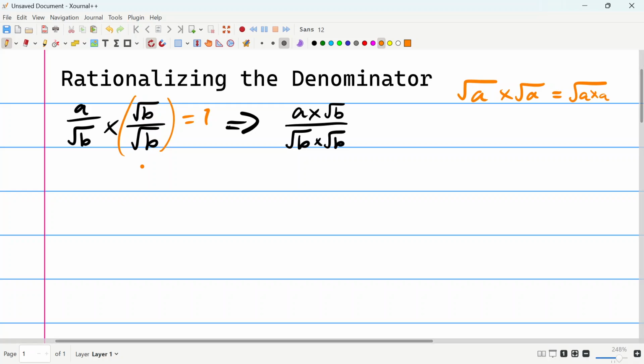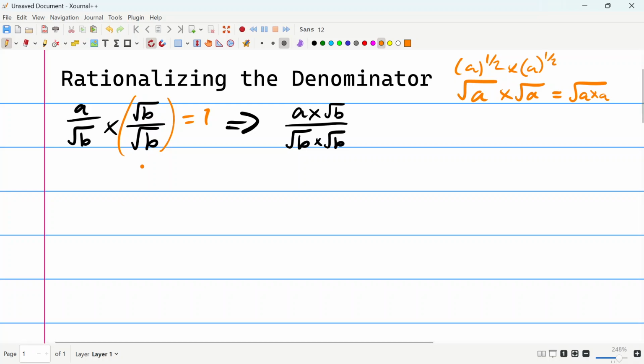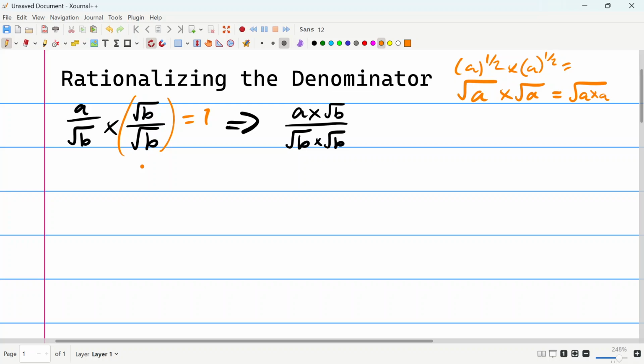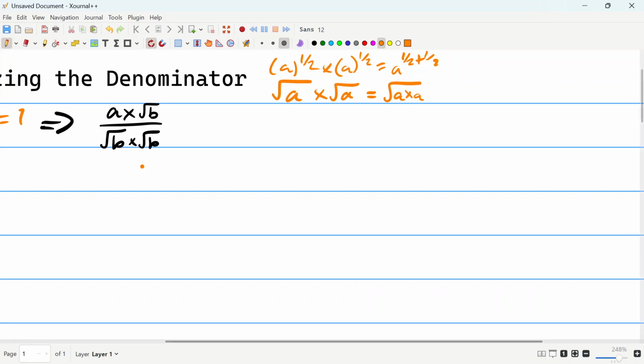We can because they both share a square root, and if you want to look at it in this way, as a to the power of a half multiplied by a to the power of a half, notice that the bases are the same and the exponent law of addition is applied since we are multiplying. So it's going to be a to the power of a half plus a half, which is just going to give us a to the power of 1, which is a.